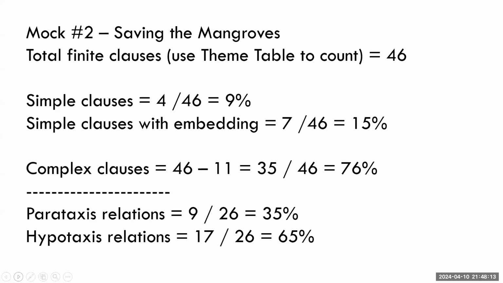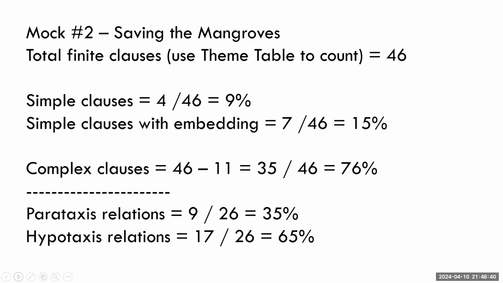Again, I did the analysis for the logical. And again, I'm using the theme table. I recommend that's how you proceed. Use the theme table just to analyze and find out how many finite clauses there are. All right, 46. Now, simple, 4 out of that 46, 9%. Simple clauses with embedding, 15%.